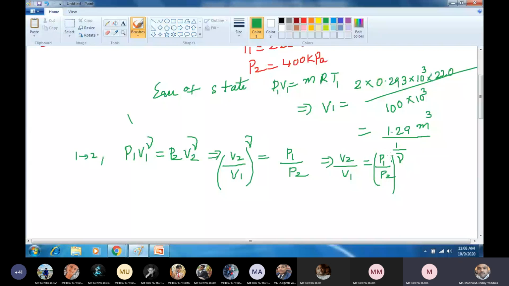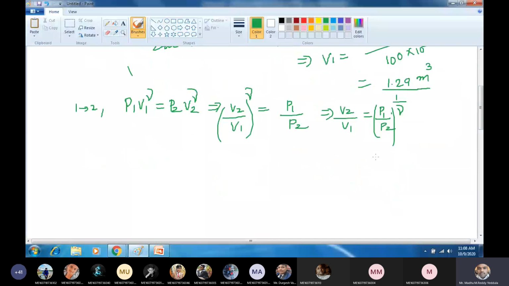So V2 is equal to V1 into (P1 by P2) whole power 1 by gamma. You have the P1, P2 and V1 values. If you substitute all these, you will get the V2 value as 0.484 meter cube.